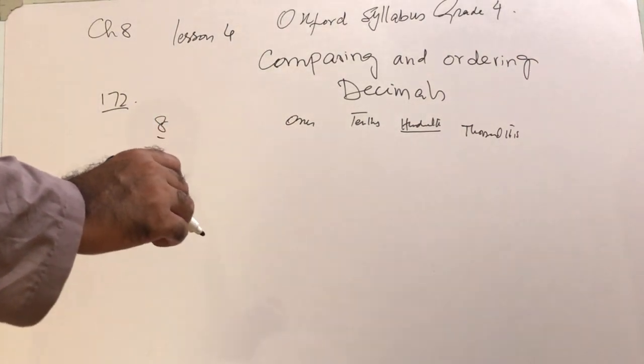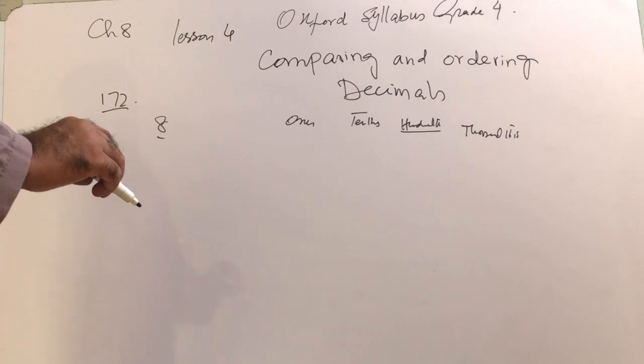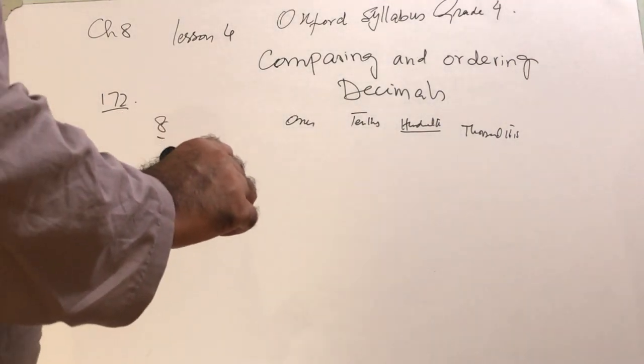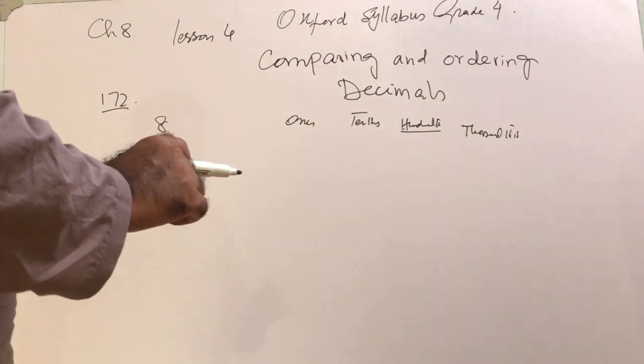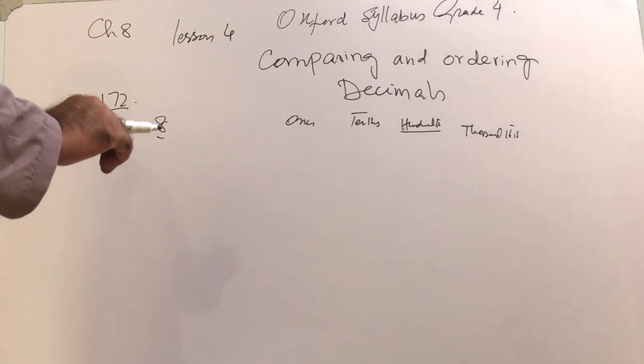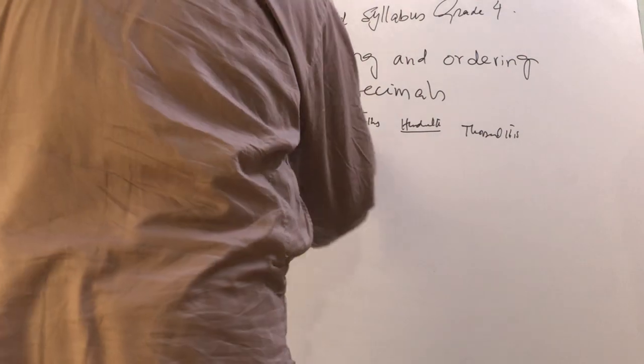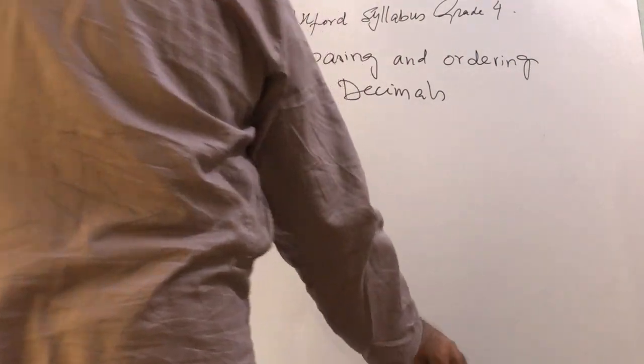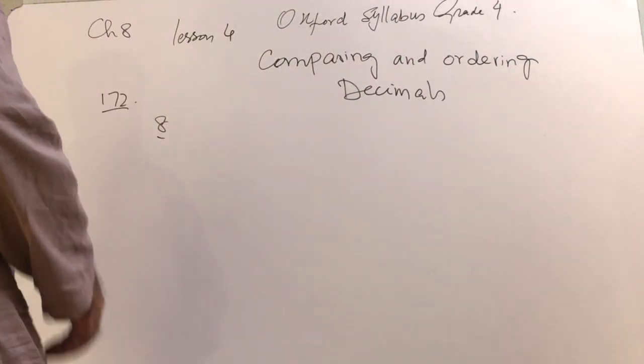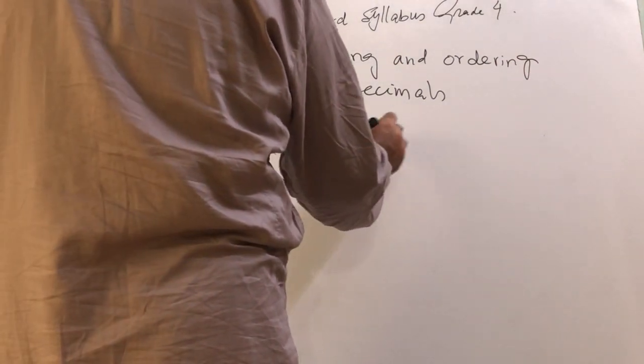What is 0.01 less than 0.36? Here we need to subtract. Okay, what is 0.01 less than 0.36? There is 0.36.